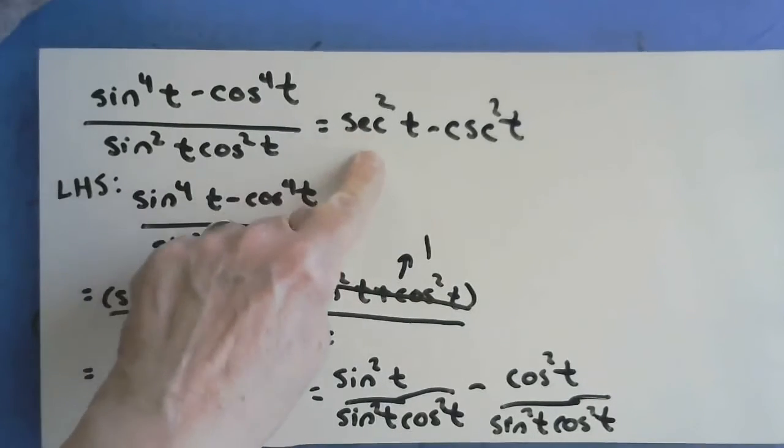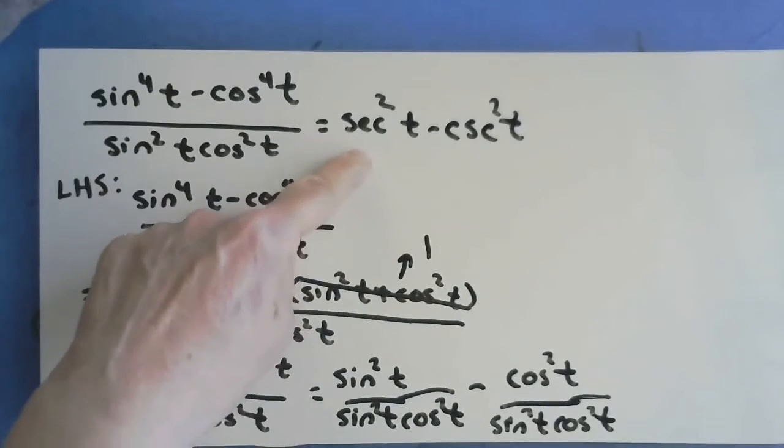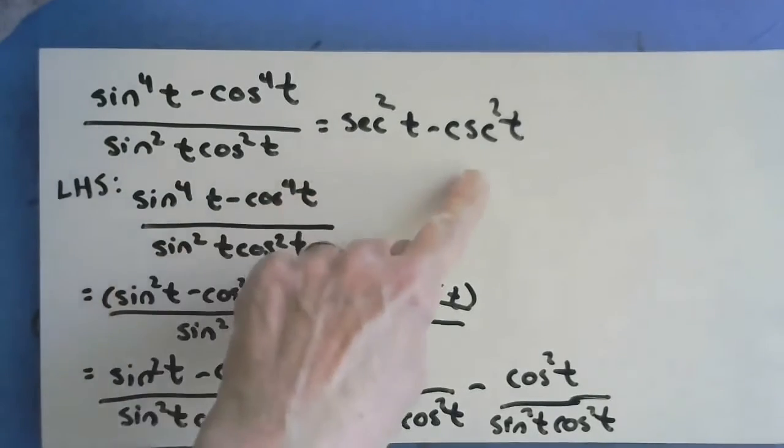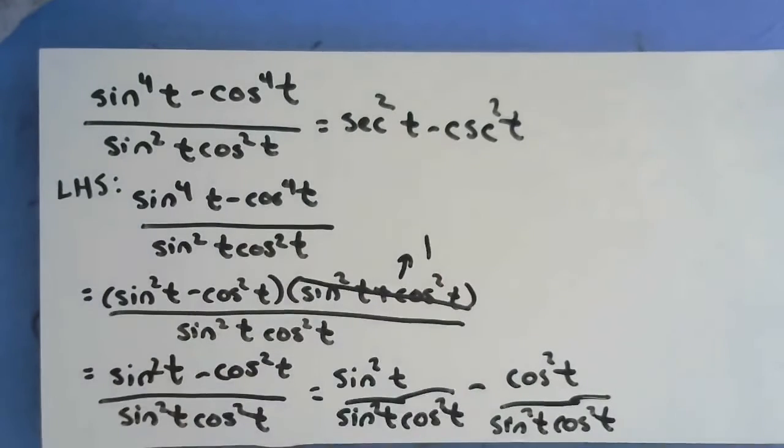And I think, well, what else could this be? Well, secant squared is 1 over cosine squared, and cosecant squared is 1 over sine squared. So I'm trying to aim towards something like that, which is what's guiding my decisions along the way, and also why you have to practice these on your own.